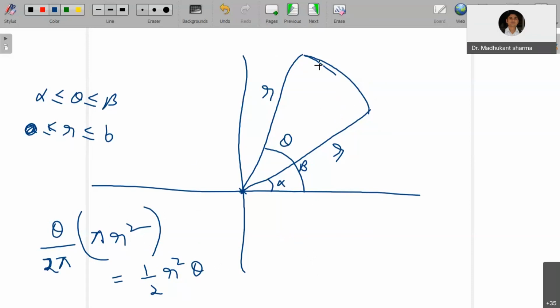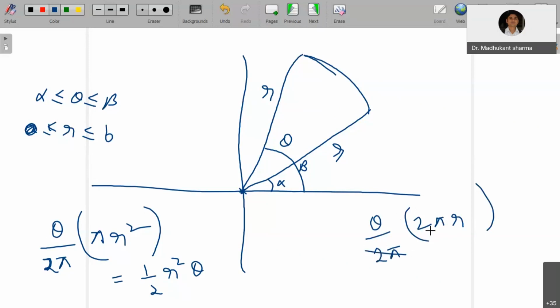What about the length of this circular arc? I can use again the idea of the circumference, right? 2 pi r, over the 360 degrees. So I can just multiply by theta by 2 pi.